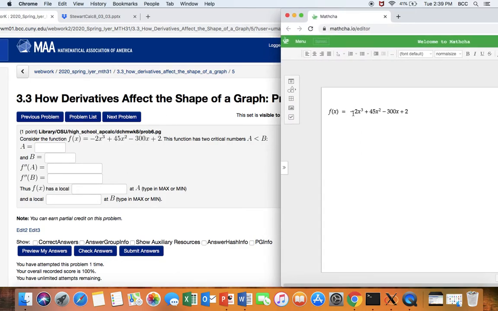So, this is my f(x). Now let me find its derivative. Negative 6x to the power 2, plus 2 comes down, that is 90x minus 300. So that tells me f prime of x looks like I can get a negative 6 common.